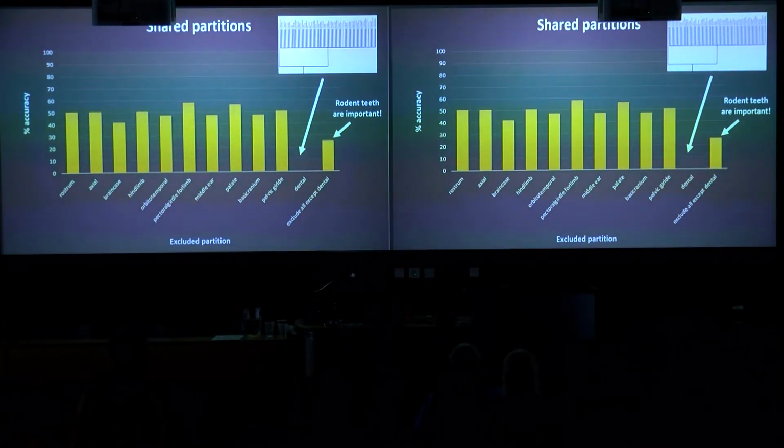So in this case, it's much more damaging to exclude your dental characters than it is to exclude all other partitions. And so even though dental data by itself is more noisy than when you combine it with these other partitions, by ignoring the dental characters completely, you lose out on a lot of useful signal.